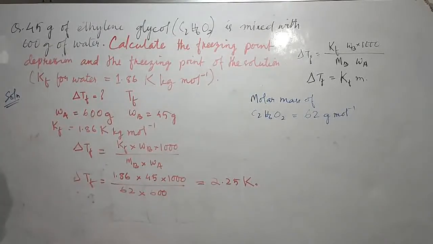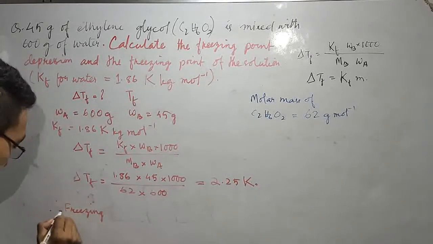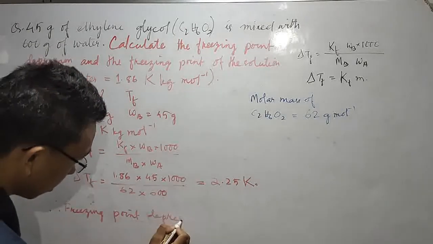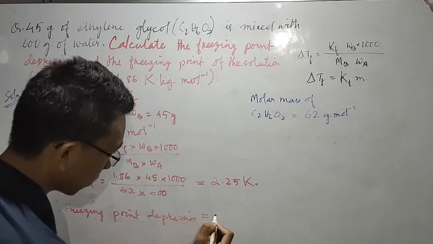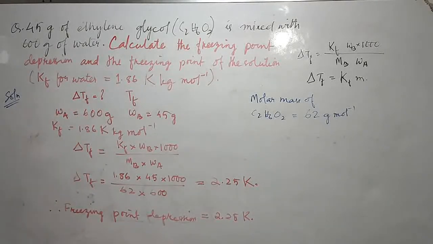You can write down here, therefore freezing point depression is equal to 2.25 Kelvin. The next one is to find the freezing point of the solution.